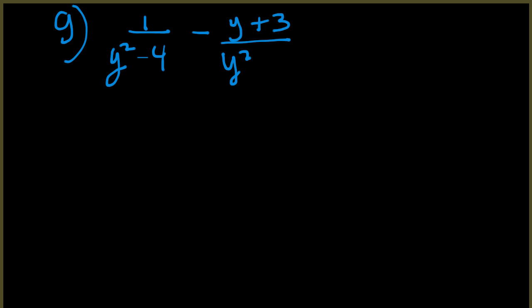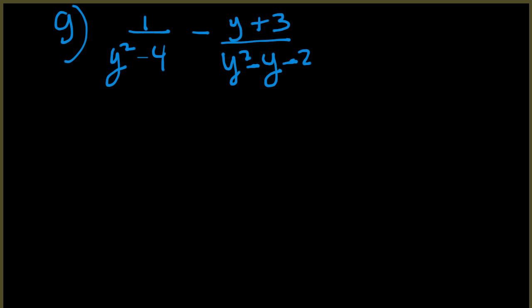All right. 1 over y squared minus 4 times, I don't think I did this one earlier, y plus 3 all over y squared minus y, and then that's minus 2.